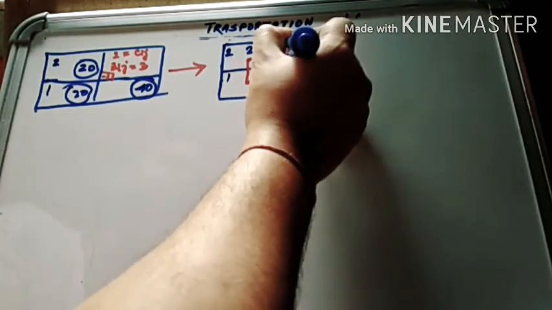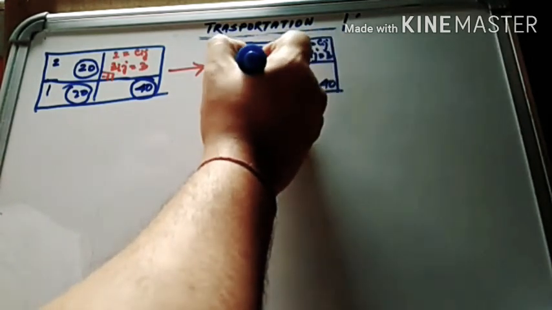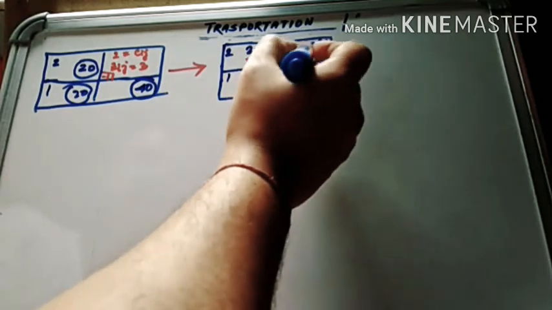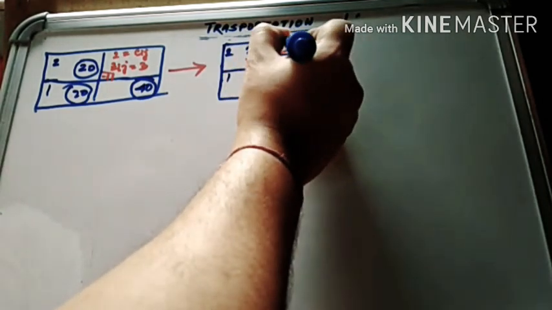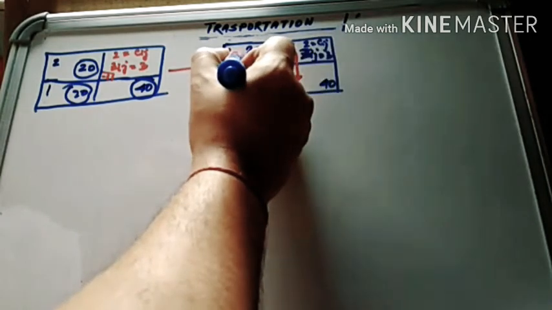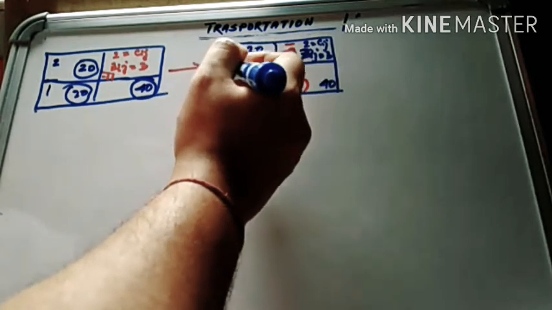So we are going in this way, and we are making a particular loop. Then we have to put negative and positive values accordingly. First start with the negative value, then positive, then negative, then again positive.